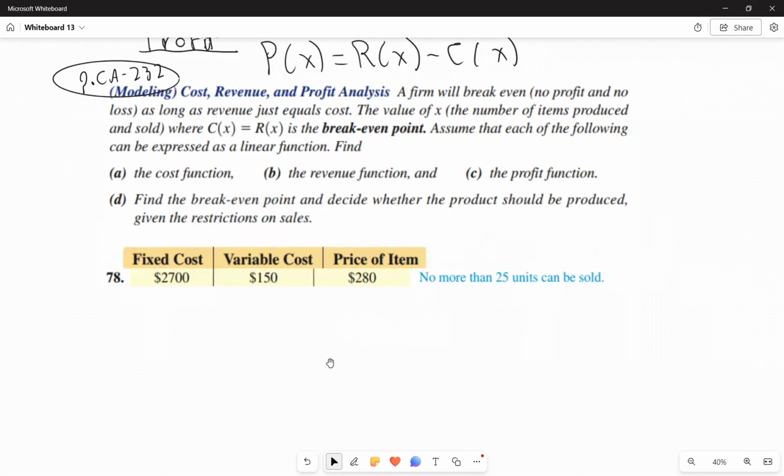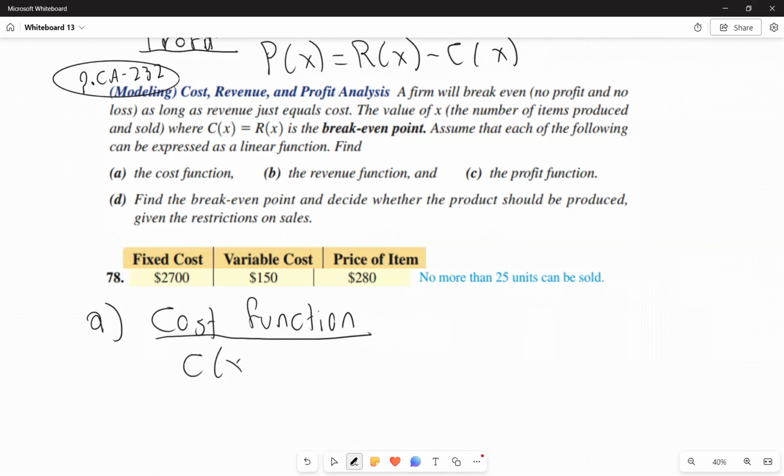Okay, so let's find the cost function. The cost is going to be the fixed cost plus the variable cost times the number of items produced. So that's 2,700 plus 150x, where 150 is the cost for producing each item.